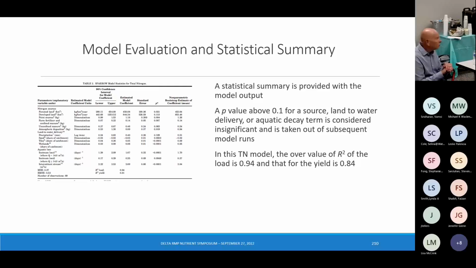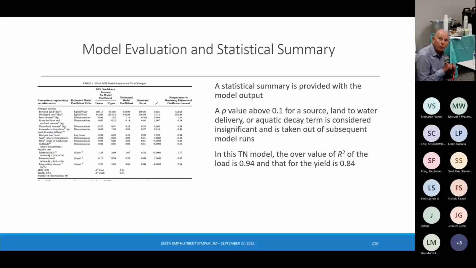And so the significant sources that we had back in that model were atmospheric deposition, fertilizer applied to farmland, manure, wastewater treatment, and one or two others. In land and water decay, precip obviously was an important term. About a percent sand was significant here.